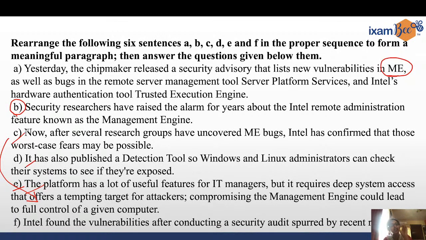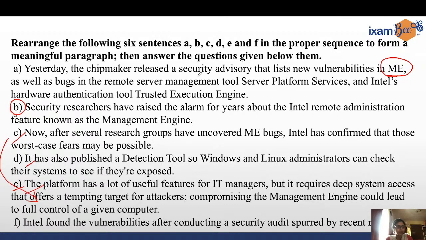A is telling you the chip maker, which is Intel, released a security advisory that lists new vulnerabilities, new problems in the management engine, as well as bugs in the remote server management tool, server platform services. There are problems with two areas: Intel's hardware authentication tool, trusted execution engine, a lot of problems.